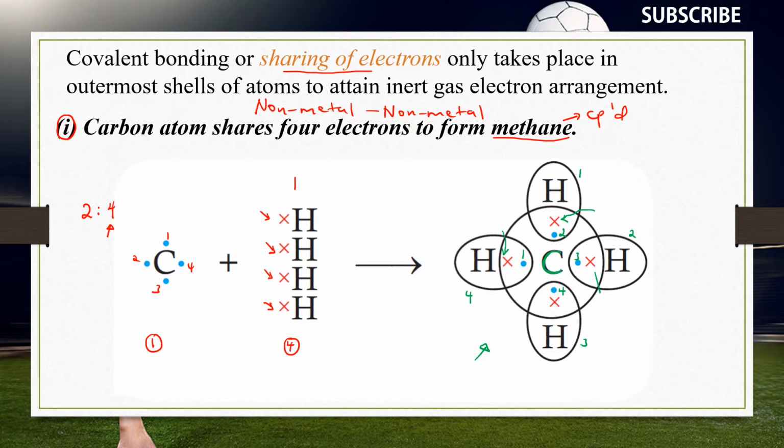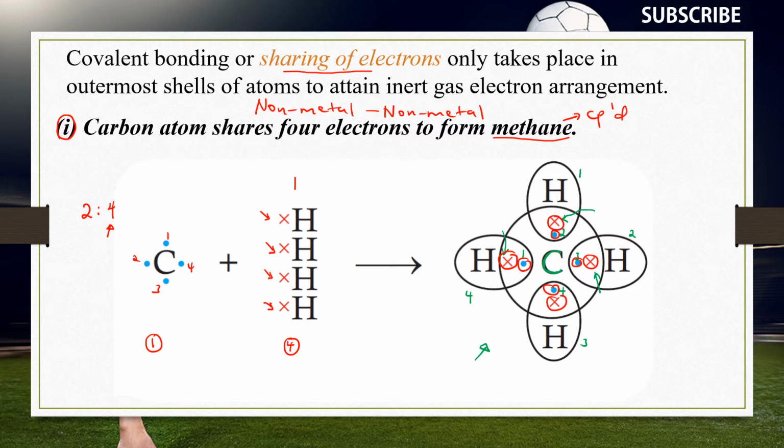So in the process, we are going to see that carbon will actually have 8 electrons. Remember, at first carbon had 4, but now carbon is going to have 8. If you count the 8 electrons of carbon now, we shall have 1, 2, 3, 4, 5, 6, 7, 8, because hydrogen is providing 1 electron each and there are 4, so we shall have a total of 8.